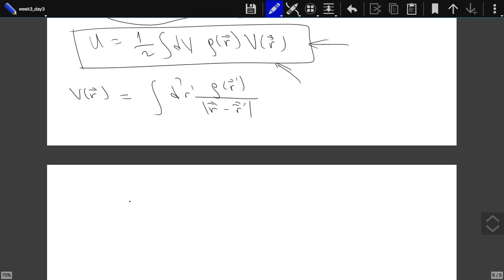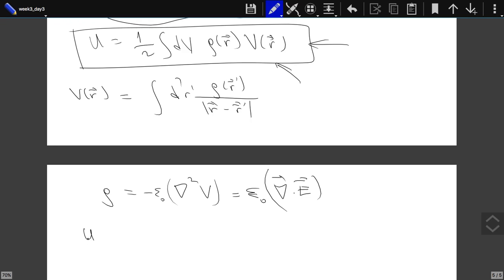We already know that rho is nothing but epsilon 0 times the Laplacian of V with a minus sign, or we can also write it as epsilon 0 times the divergence of the electric field. So instead of the charge density, we can use the electric field. We can express rho in terms of the electric field.